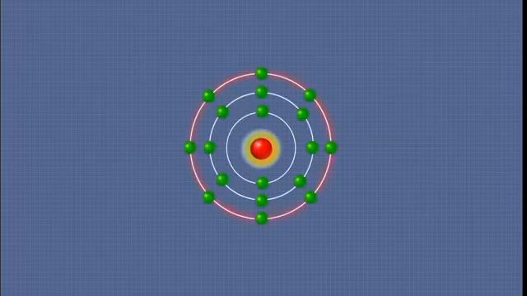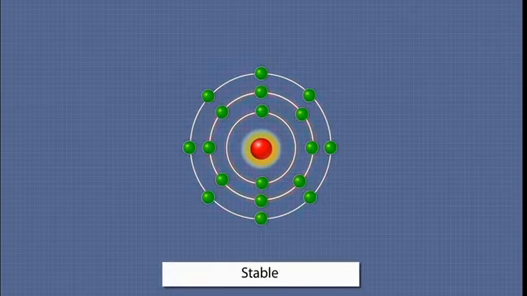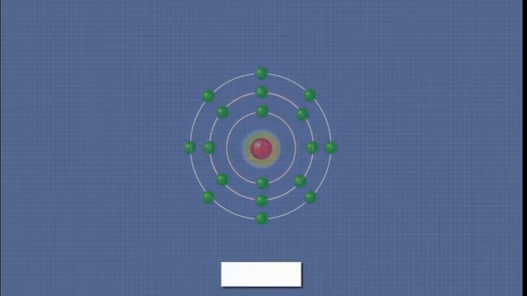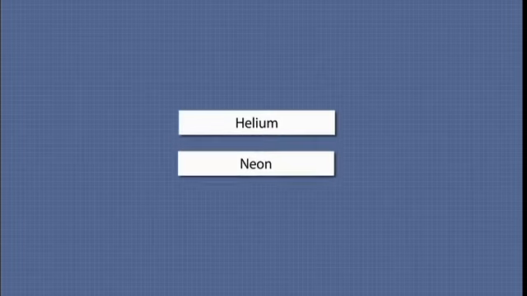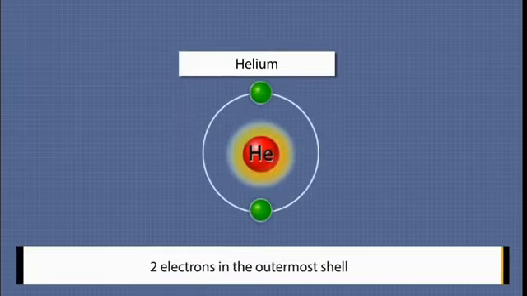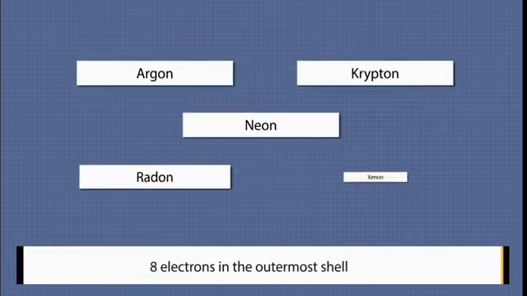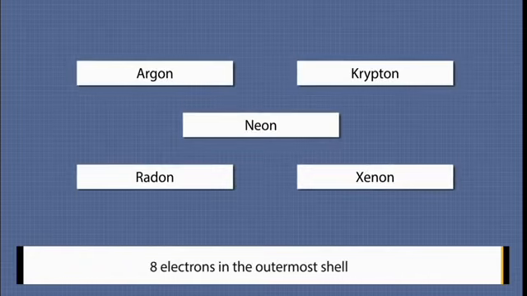The outermost shell of inert gas elements whose subshells are completely filled are stable. For example, helium and neon, where helium has 2 electrons in its outermost shell, and all other inert gas elements have 8 electrons.